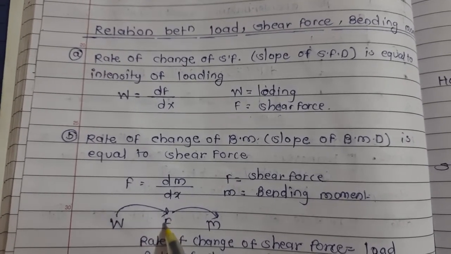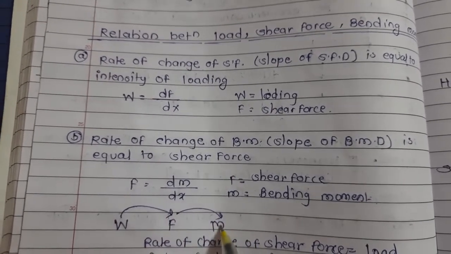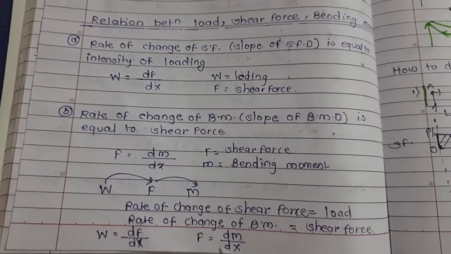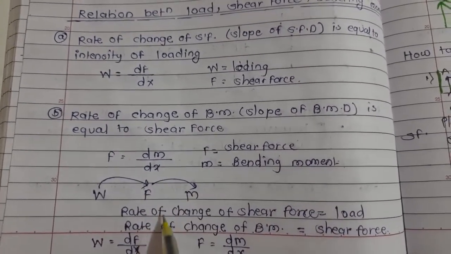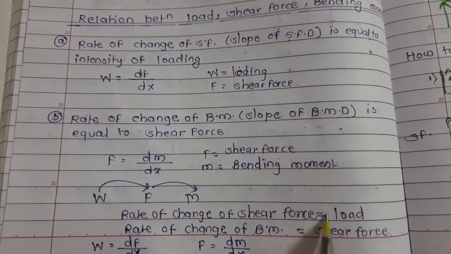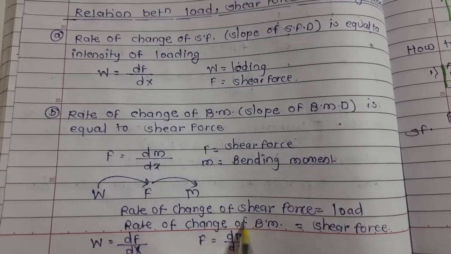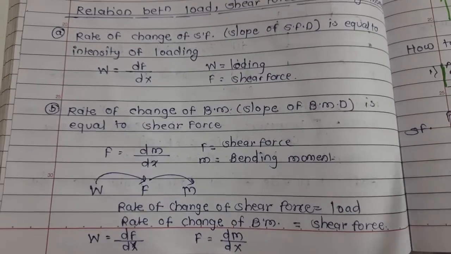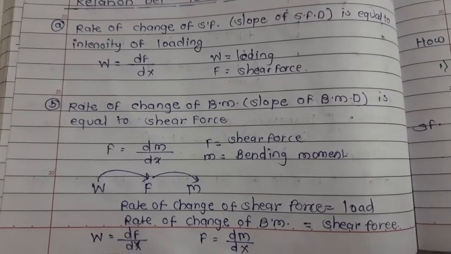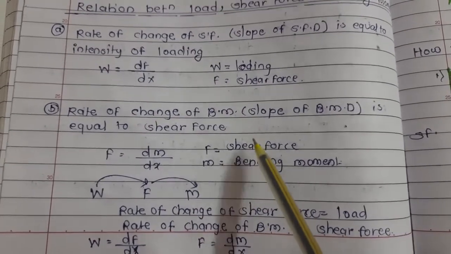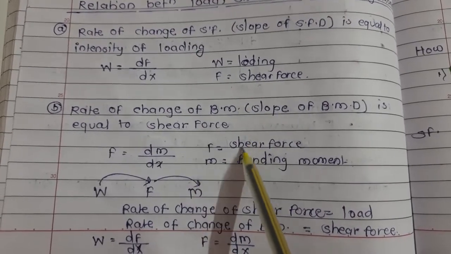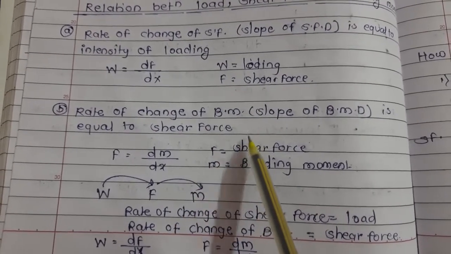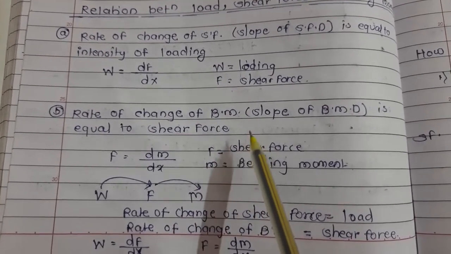Loading, shear force, bending moment: the rate of change of shear force is equal to load, and the rate of change of bending moment is equal to shear force. Simple. But these relations are only valid for UDL, uniformly distributed load.